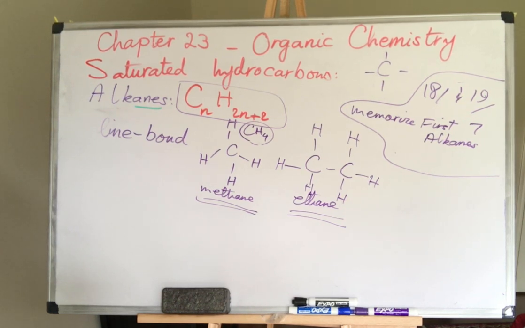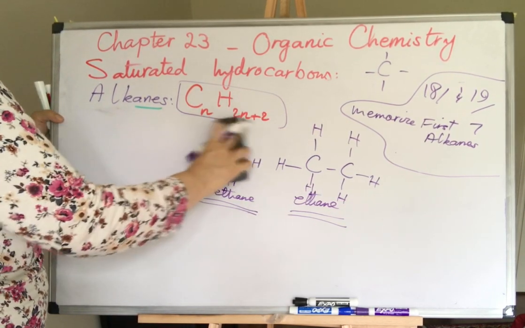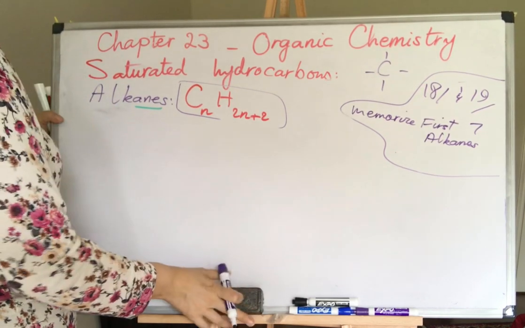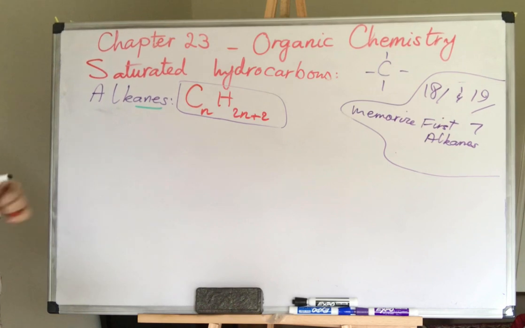And we get to the point that we need to introduce constitutional isomers. I will explain it since I'm going in the order of your PowerPoint slides, but I will talk about it in more detail later when I name the compounds for you.